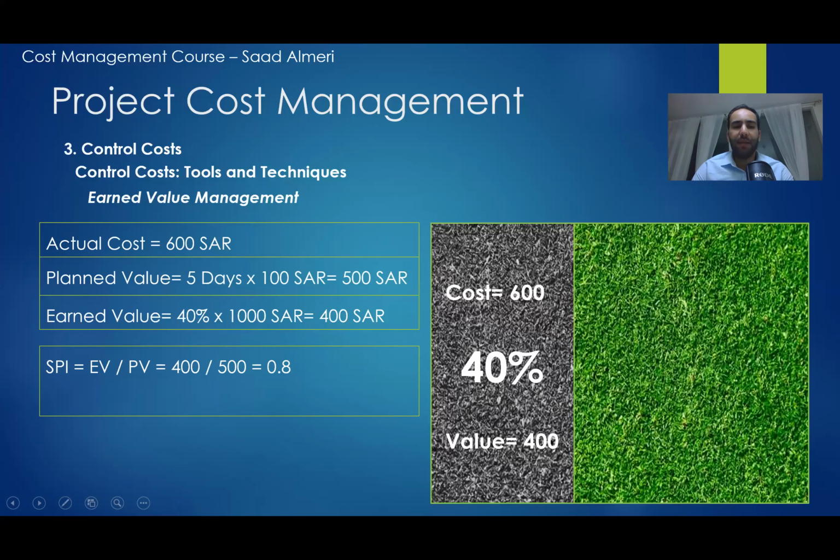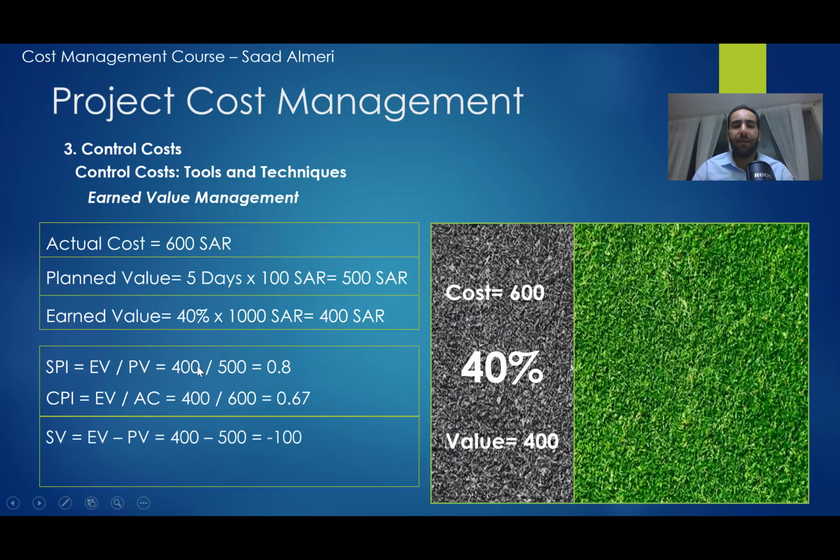And the CPI is equal to earned value divided by actual cost, which is 0.67. And then the SV is earned value minus PV, which is minus 100. And the CV is earned value minus actual cost.